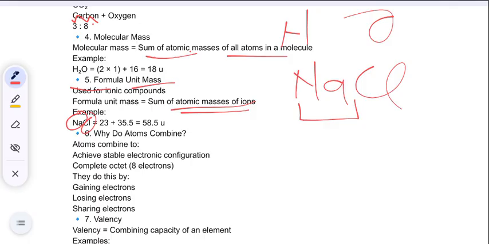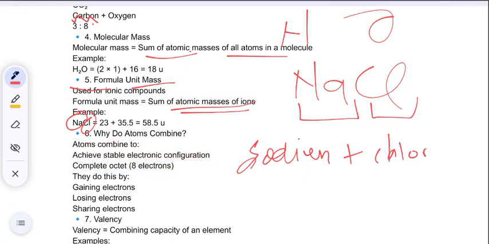Now NaCl. You would know that Na means natrium and it is the symbol of sodium, and Cl stands for chlorine. When they combine, they form salt. Okay, now see, atomic mass of sodium is 23 plus atomic mass of chlorine.